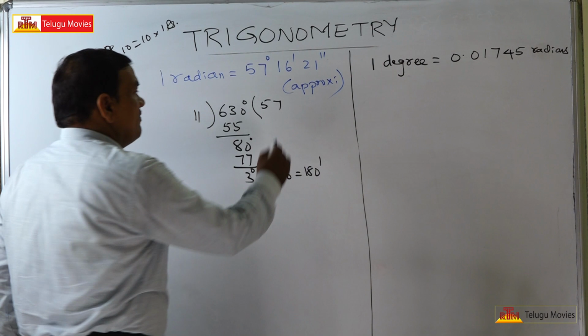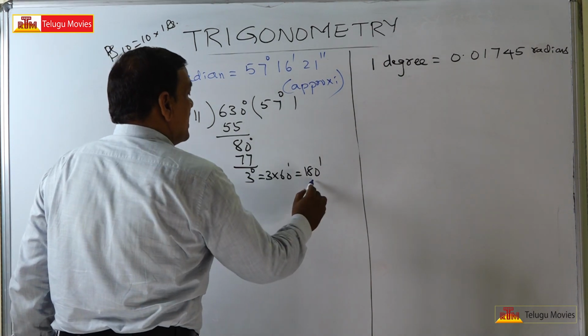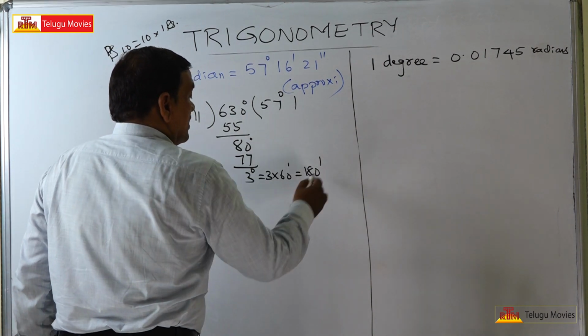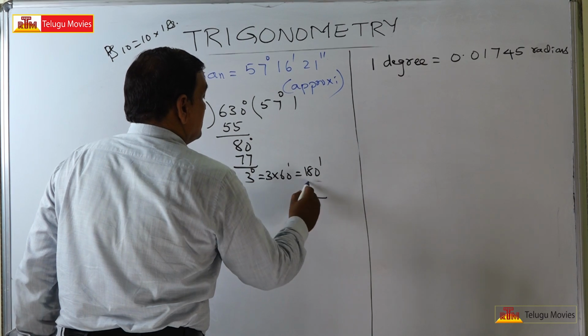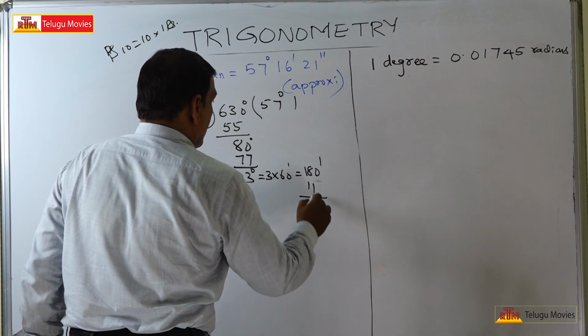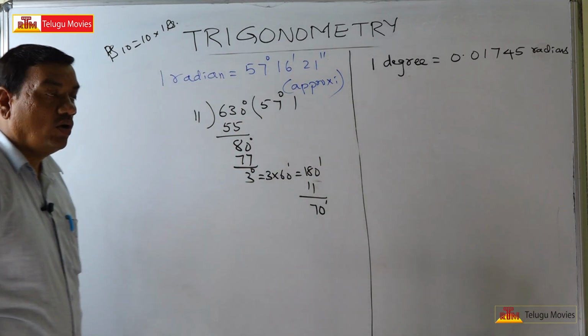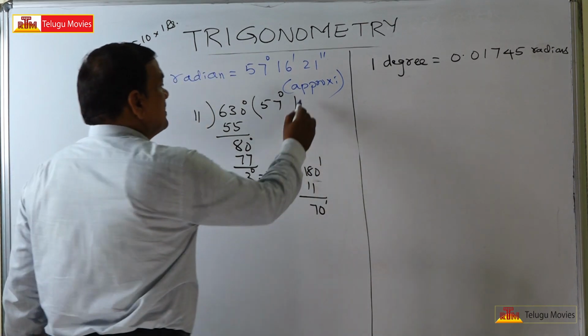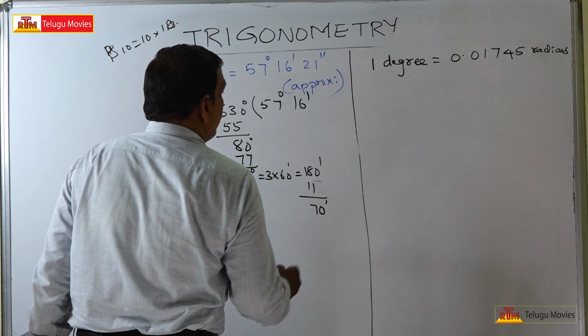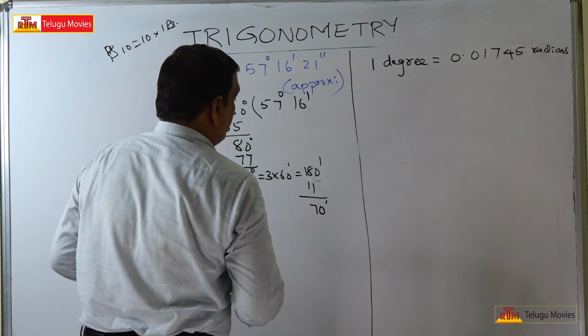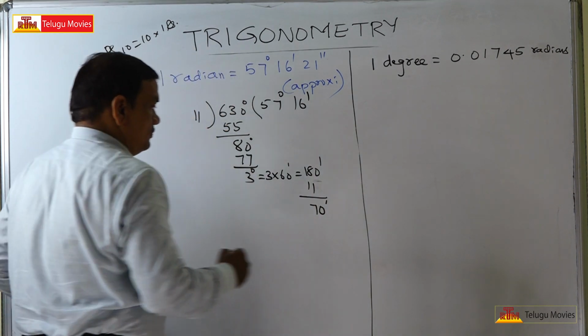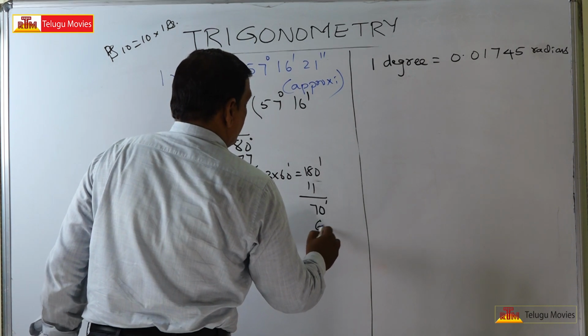Again, 11 ones are 11. So this is equal to 70 minutes. Okay, now 11 sixes are 66.